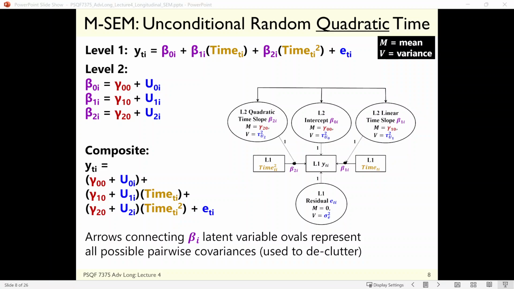But if those are not equidistant, putting in that variable and giving it a slope doesn't make sense, because a linear slope means that you have change per unit time. And if the change between 1 and 2 is not the same as the change between 2 and 3, then a unit is ambiguous. So we want to think about what time is, make sure it is measured accurately, and make sure that it has a 0 point that's observed. Otherwise, you can have model convergence problems and all kinds of fun stuff.